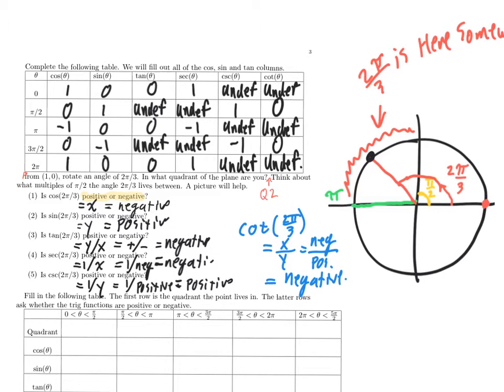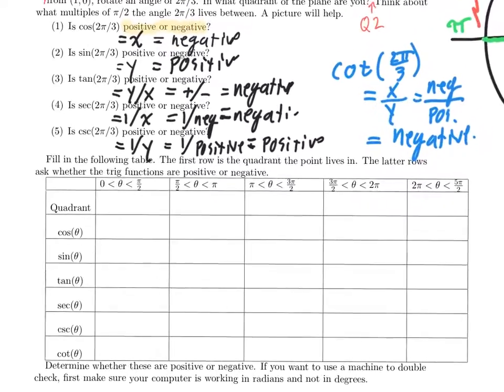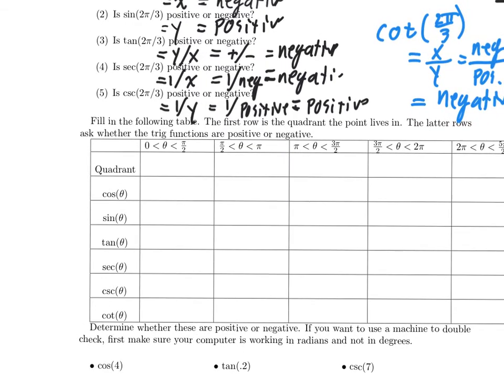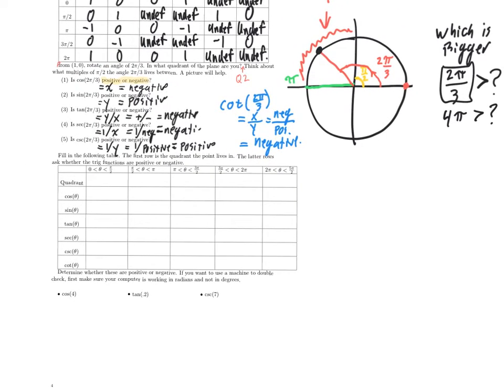So you can run this argument for absolutely any angle. You just need to figure out which multiple of pi over 2 the angle in question lives between, because that'll tell you, when you draw the angle, which of the cardinal directions you pass through. So let's fill in a table encoding that. Maybe we'll fill out that table by drawing a picture.